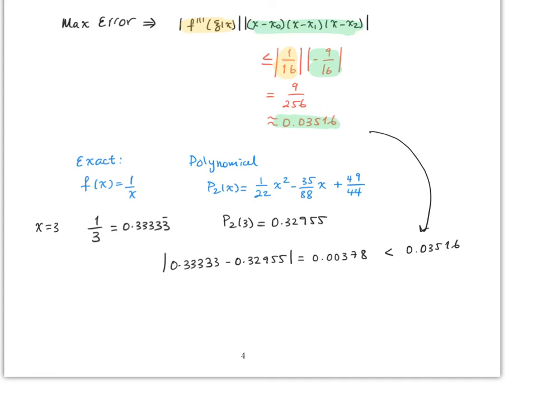Now, it is important to notice that this theorem tells you the maximum error you can make. It's not telling you the exact error. So for this particular problem, this is the error, but it cannot be more than this. And that's it for section 3.1.